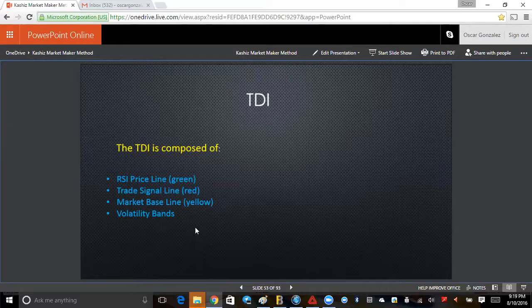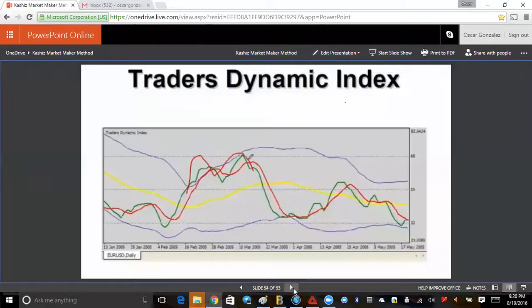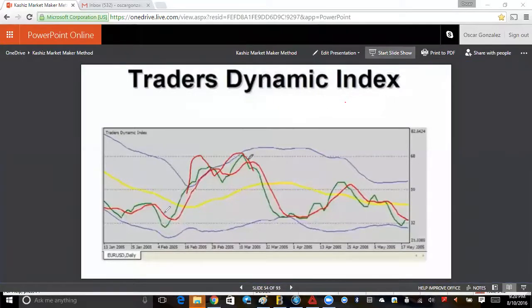And the volatility bands help us catch divergence. So this is what I mean: the RSI is green, the trade signal red, market baseline yellow, and the volatility bands are the ones that are outside, kind of like Bollinger Bands.